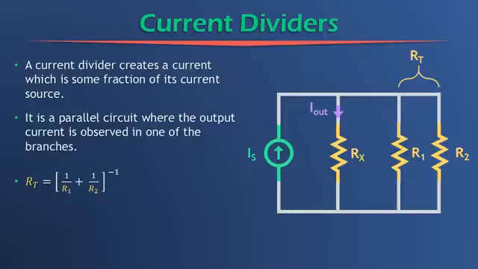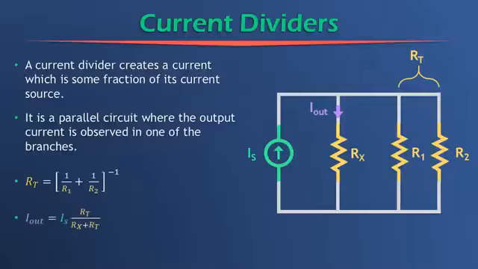And if there's only one other branch other than Rx, so say R2 wasn't here, then it would simply be the value of R1. That would be the equivalent resistance. But since we have two branches here, we would follow the formula for parallel resistances, which is RT equals 1 over R1 plus 1 over R2, and then flipped.